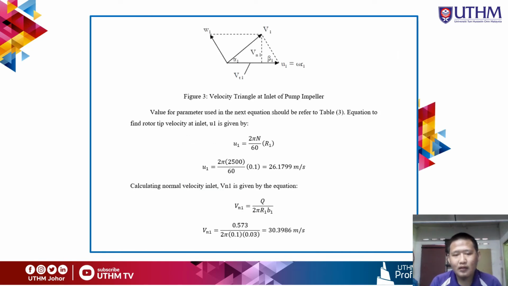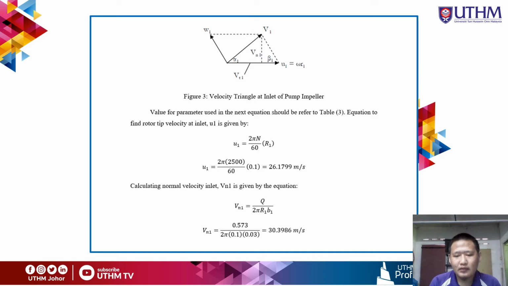After that, we will find the value for U1 using the formula 2 pi n over 60 times R1. Then we put the values in the formula for U1.